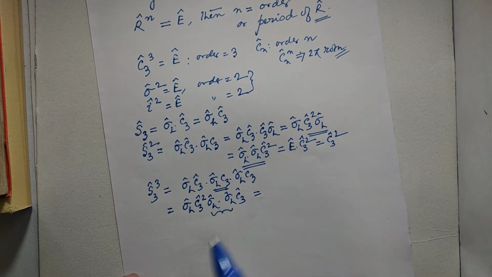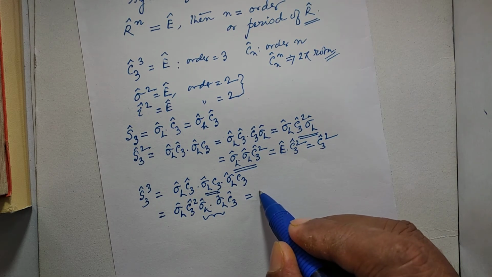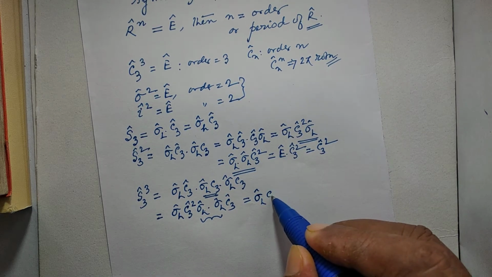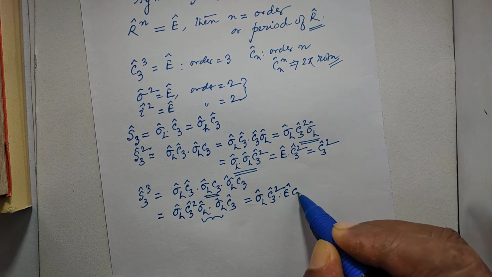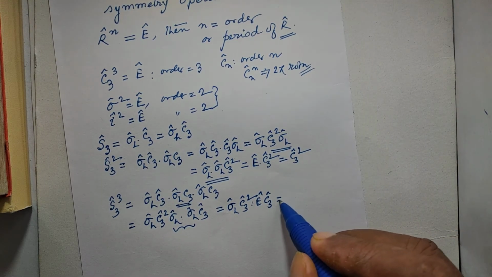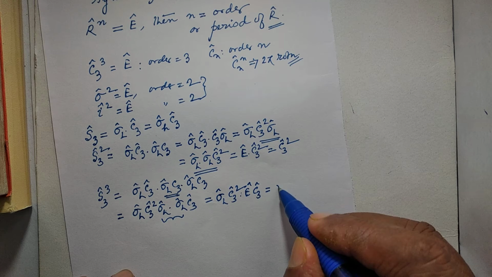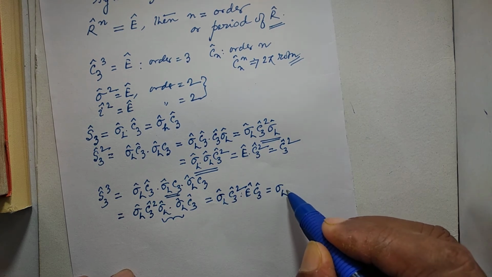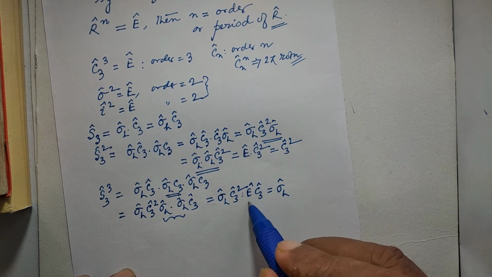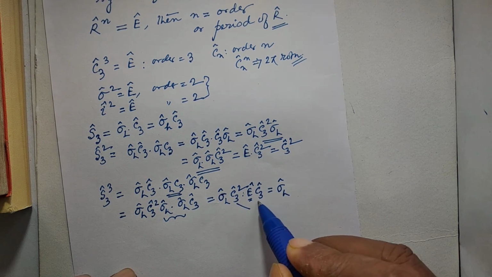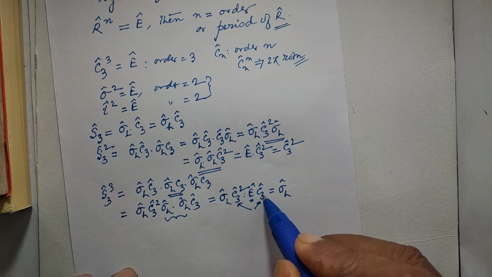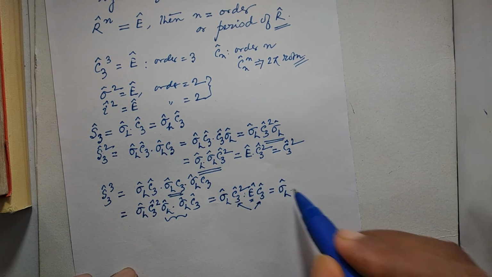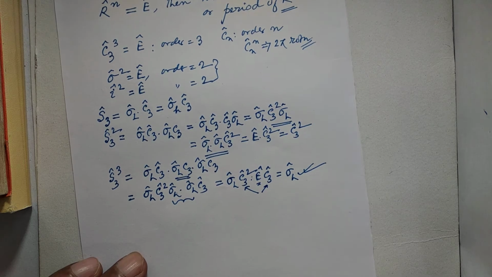Now these two will give identity. So sigma h C3 square, then identity C3. This is equal to sigma h. This is identity, and these two when combined will produce identity C3 square. C3 three times is identity. So our result is sigma h.